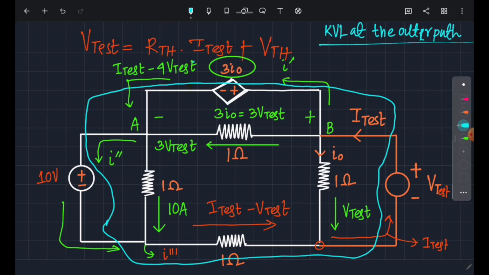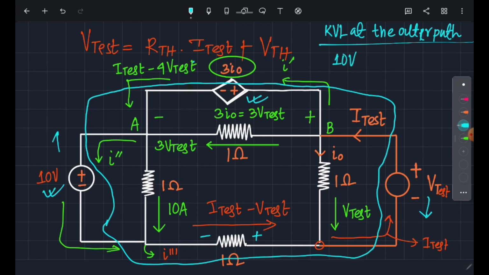So we'll consider that when we are going from negative to positive, there's a potential rise, so we'll consider it as a positive voltage over here. But when we are going from positive to negative, we consider that as a potential drop, so we'll take that as negative, and the voltage across the resistance. Let's apply this. So we'll have a rise of 10 volts.